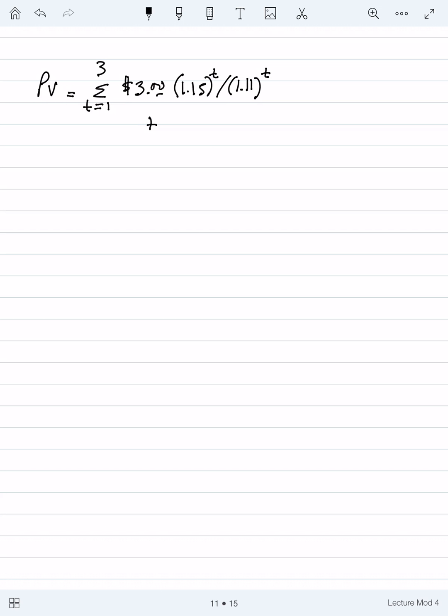Then you have to add in the present value that comes from time periods 4, 5, and 6. That was running a $3 payout at its base, and it grew 15% for 3 periods. And then for periods 4, 5, and 6, it's running at 10%. So time period 4 is only a 10% growth rate.